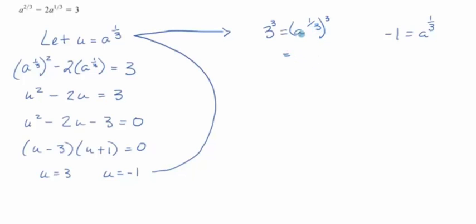It makes sense, because when you have an exponent and you raise that exponent to another exponent, you're multiplying those exponents. I get a equals 27. And here I'm going to cube both sides again, and I get a equals negative 1. So 2 solutions there.